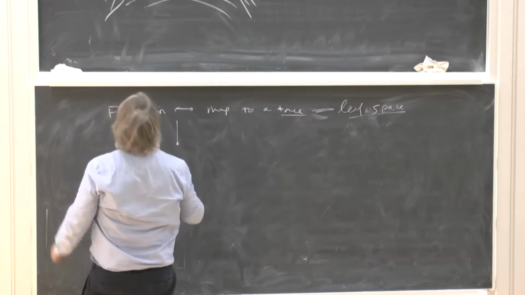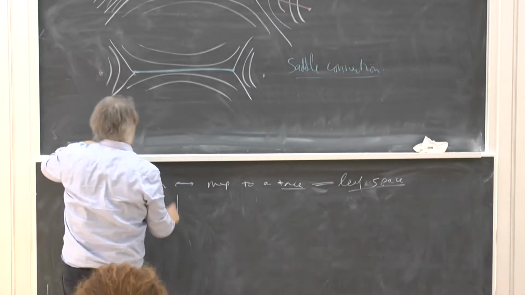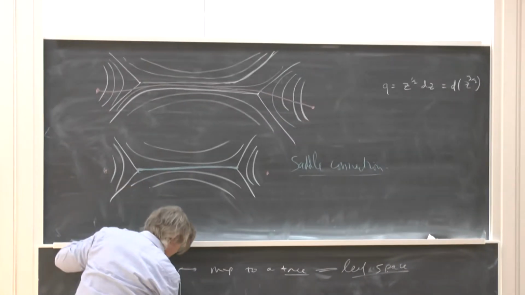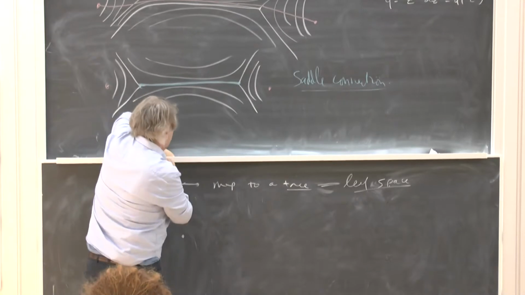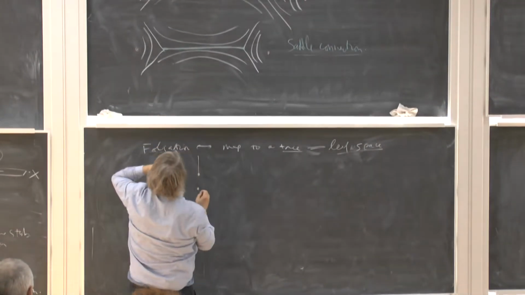So this point here is the leaf that goes through this singular point. Then this point down here is going to be the leaf that goes through the other singular point.